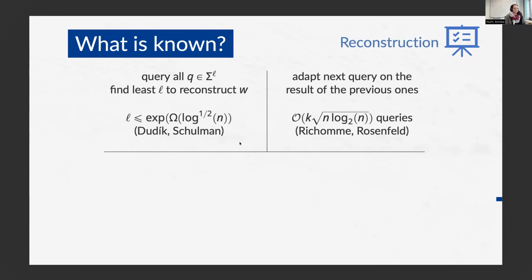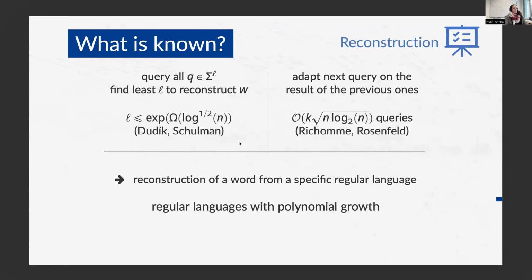Our variant of this problem, which we investigated now, is the reconstruction of a word from a specific regular language. So we decrease the search space, so to say, and we only want to investigate regular languages with polynomial growth. What does this mean?